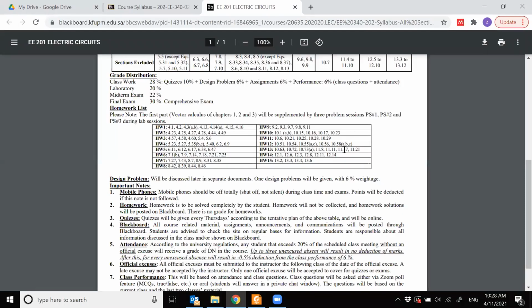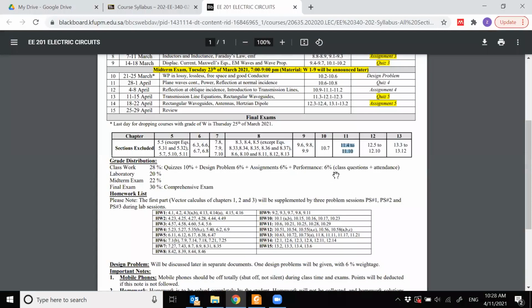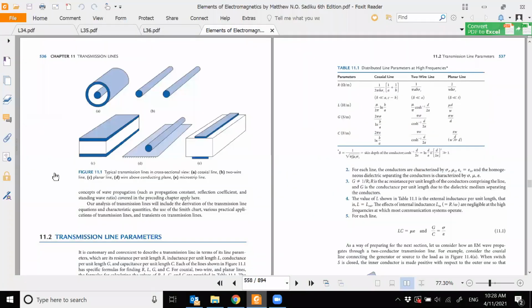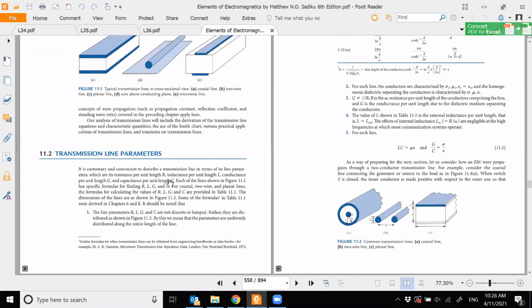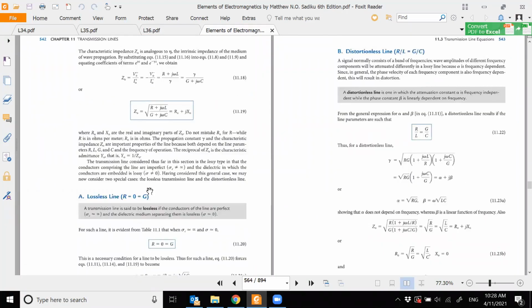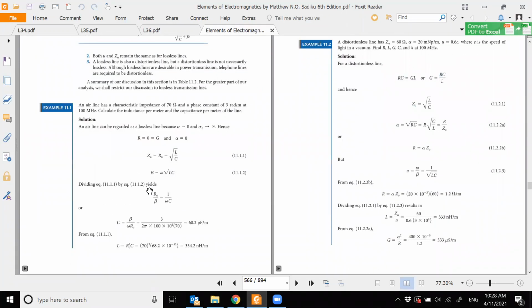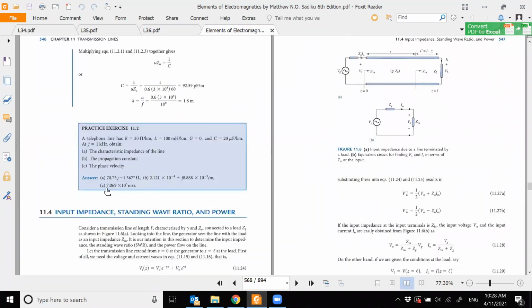Chapter 11, so 11.4 to 11.10, this is all removed. 11.1 and 11.2 are the transmission line parameters, which we did. And 11.3 was the special cases. And from here, it is excluded from the material.